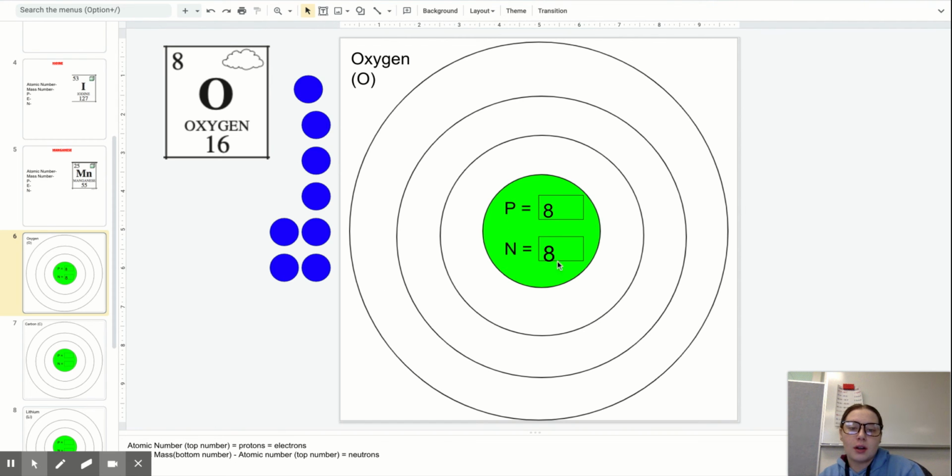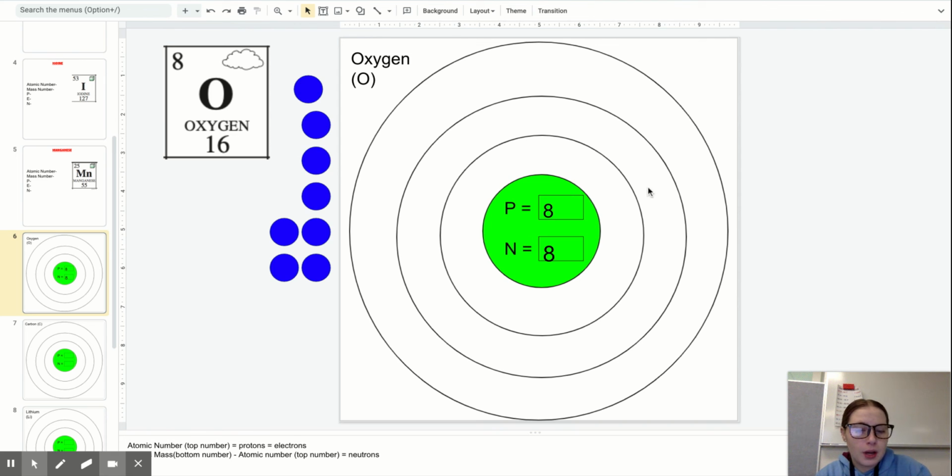So our nucleus contains our protons and neutrons, and then surrounding it, we need to be able to place our electrons correctly. So with Bohr models, there are 3 energy fields. So we have the first one, the second one, and then the third energy field. So the more energy fields, the more electrons an atom has, the more charged it is, because it has more electrons flying around.